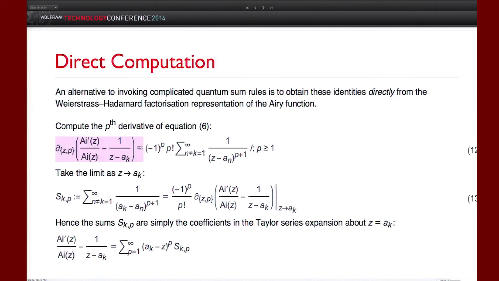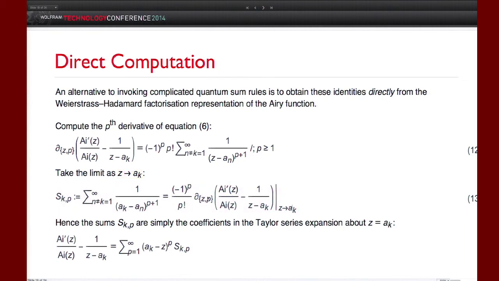If you take the pth derivative of the logarithmic derivative of the Airy function and you subtract off one of the terms in the sum, then just by interchanging the differentiation and the summation, you get the pth derivative of z minus a in the denominator. And so their sums, which they are after, are just taking the limit as z approaches one of the roots of this. And what you get can be expressed in closed form.